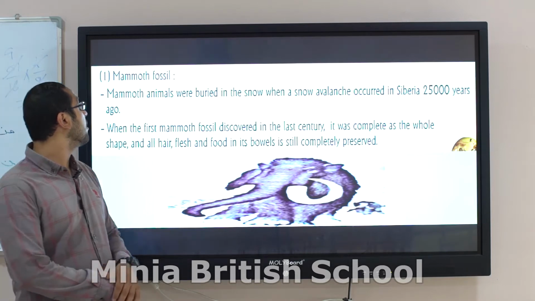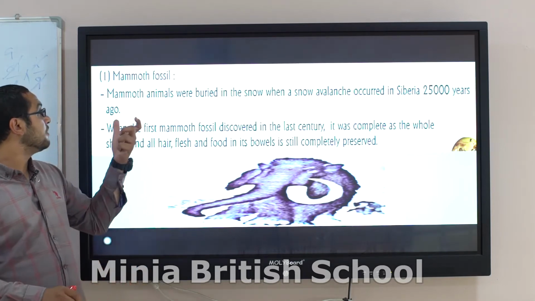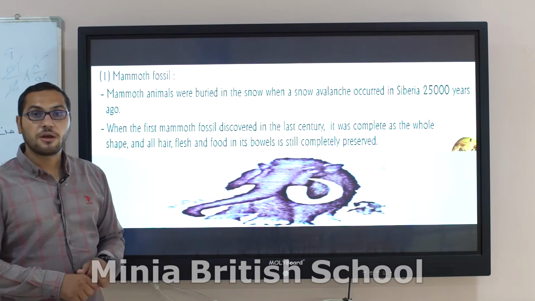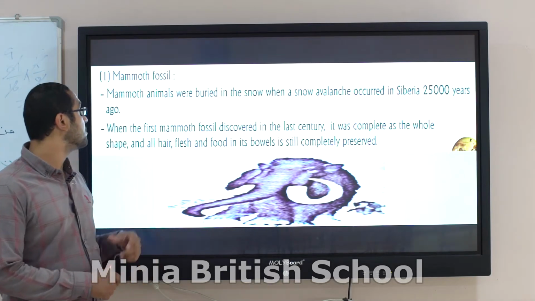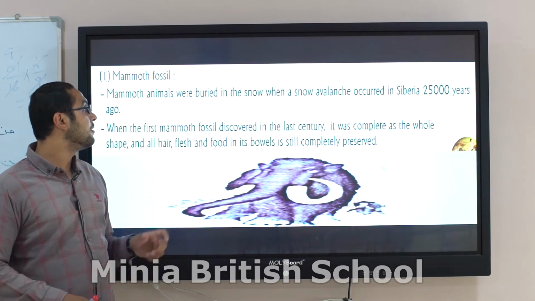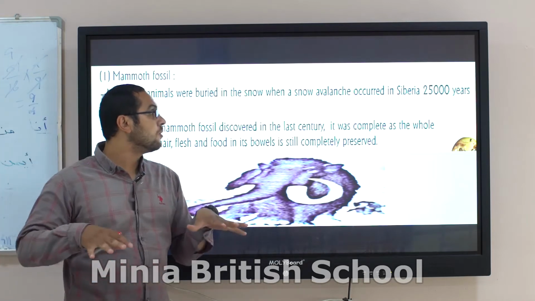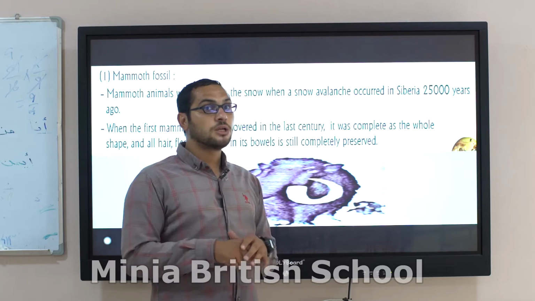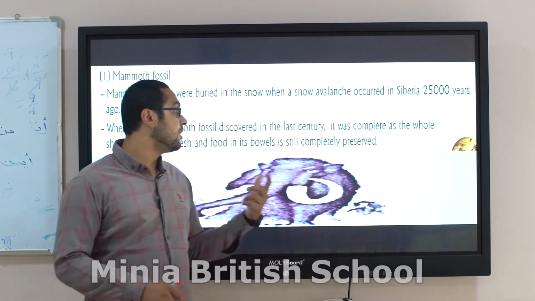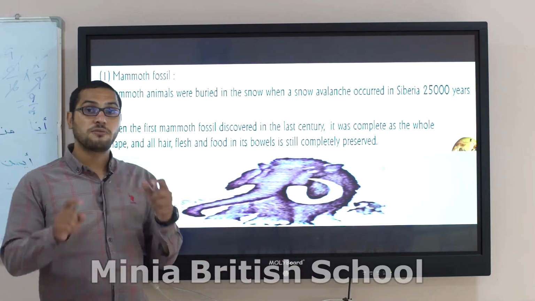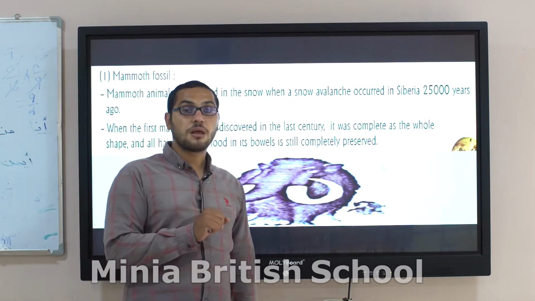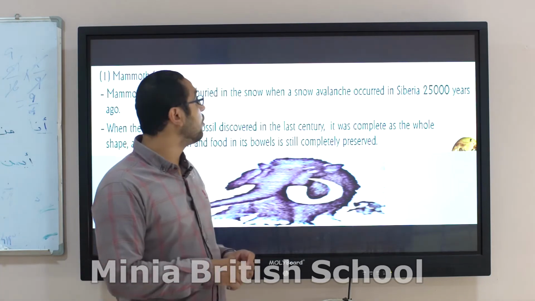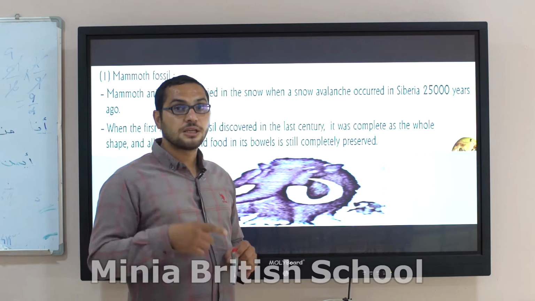The first example of fossil of a complete body is the mammoth fossil. The mammoth animals were buried in the snow when a snow avalanche occurred in Siberia 25,000 years ago. The first mammoth was found last century.